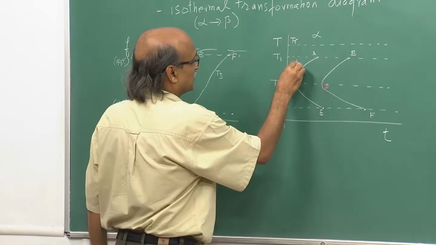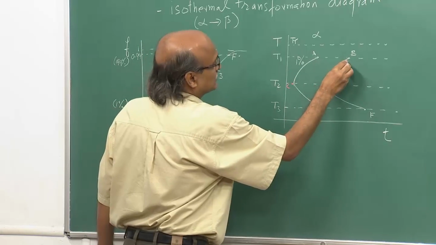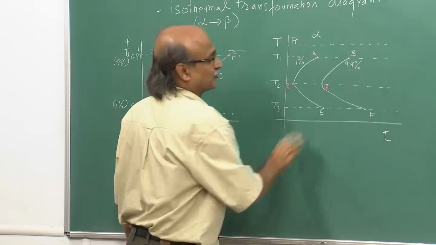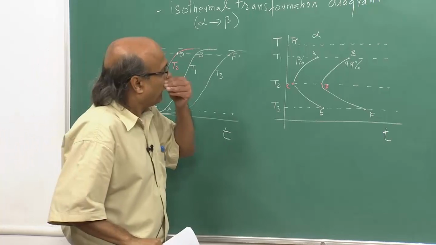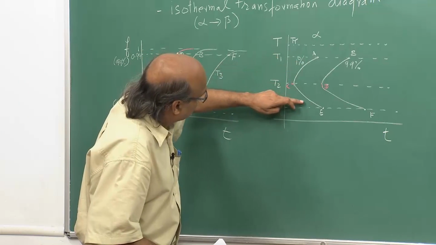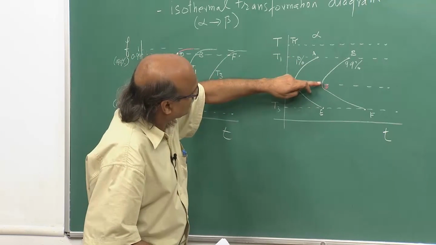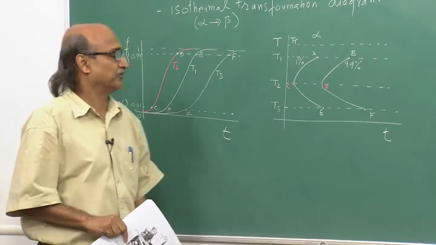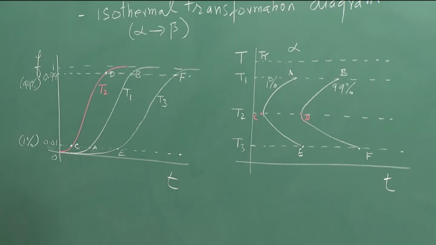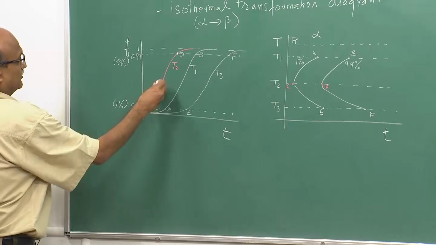So, this is 1% transformation complete, this is 99% transformation complete. All the points on this curve are for 1%, all the points on this curve are for 99% of the transformation getting completed.